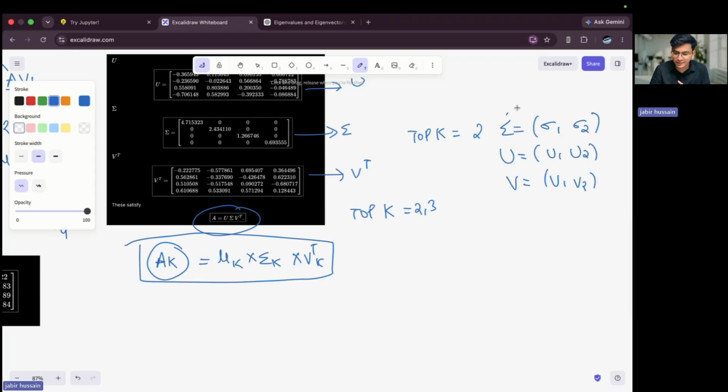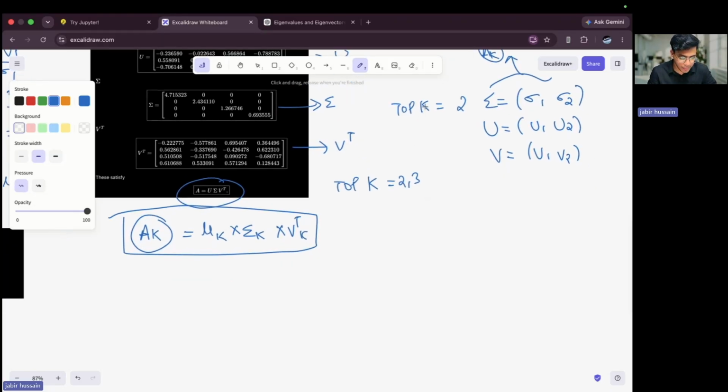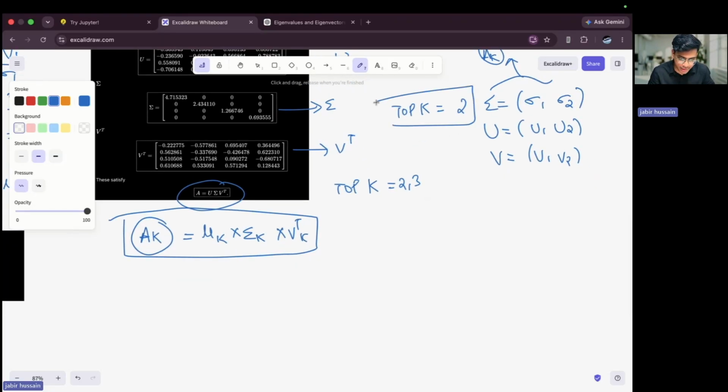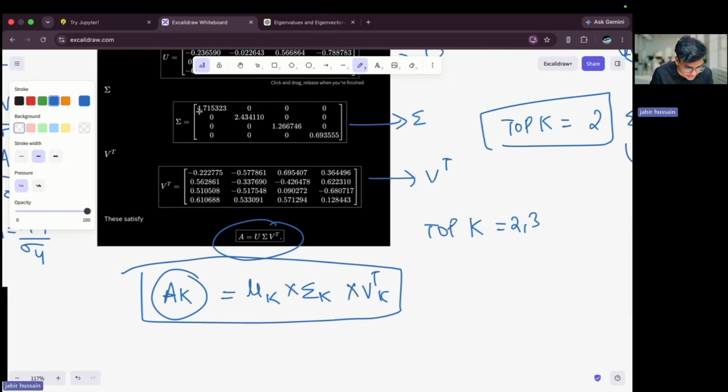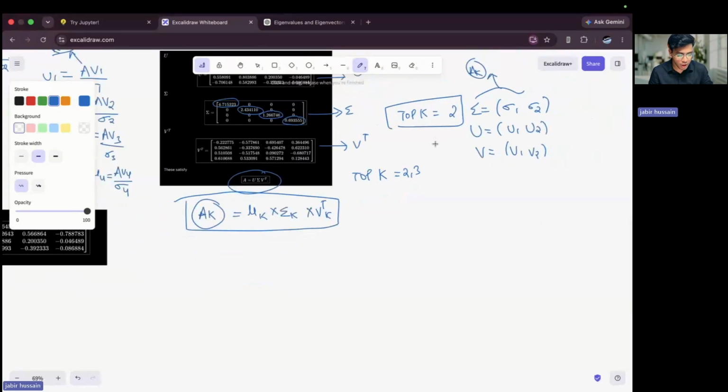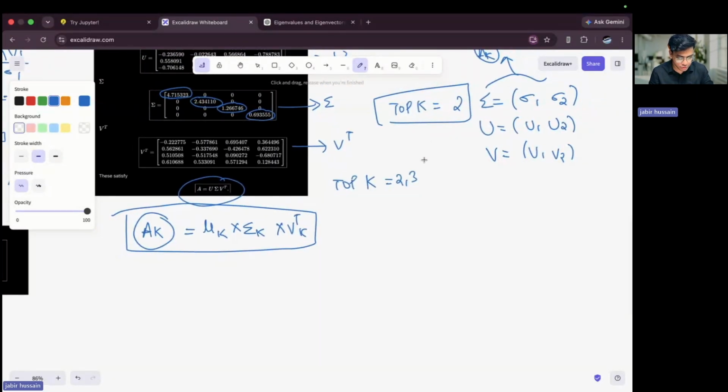I'll take only this, and from this as well I'll take A of k, and this will be my new predicted matrix. I'll show you, but for now just assume that I have taken top k. So you can see this has the highest value, this is second highest, this is third highest, and this is fourth highest. So what we can do is calculate how much weightage it has.